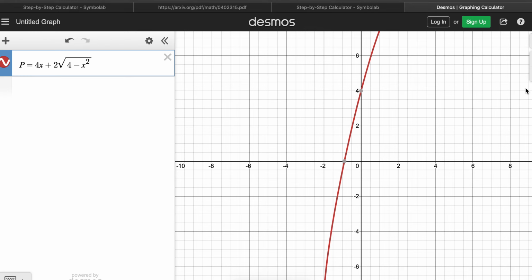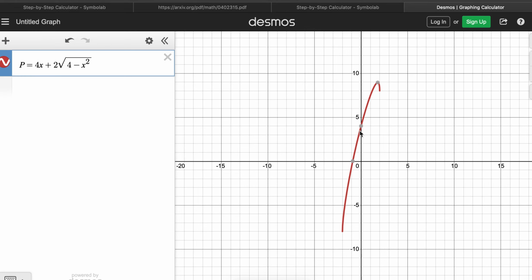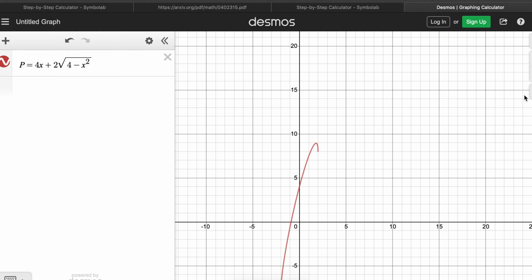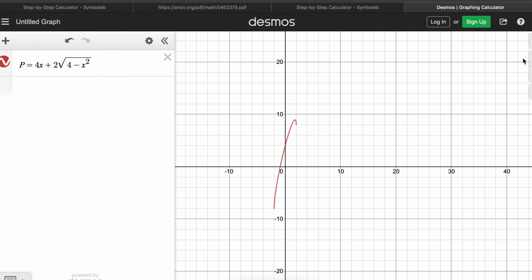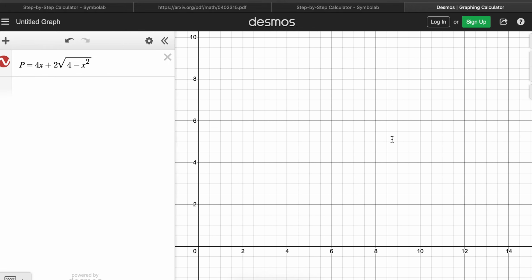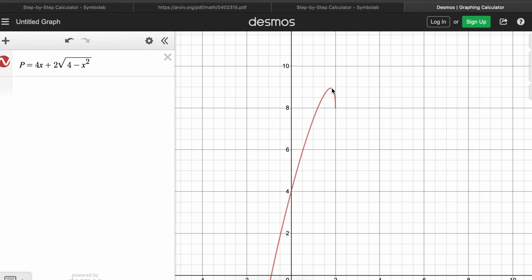And we want to find the value of x when p is the largest. And that's finding the maximum. And notice that we have a maximum right here. I'm going to move this graph over so I can see it a little bit better. Zoom in some. You can see that the maximum is right here, and if I click on the graph, it'll show me where the maximum is.